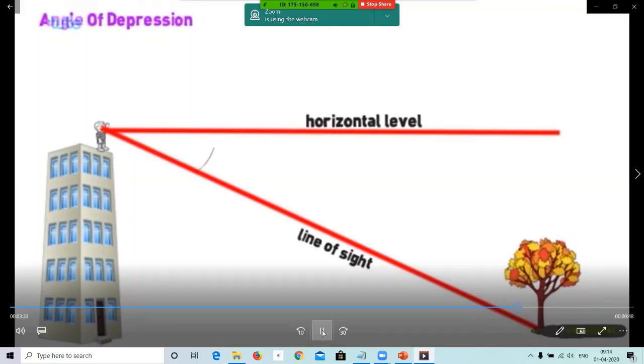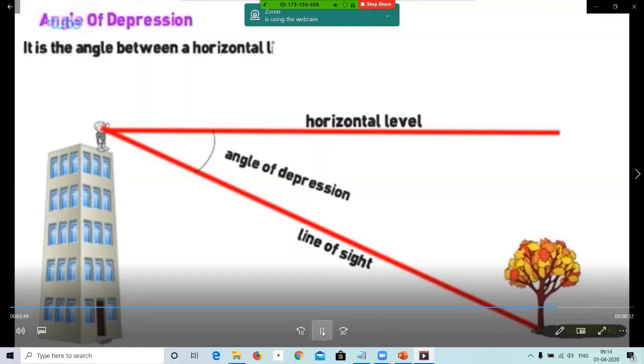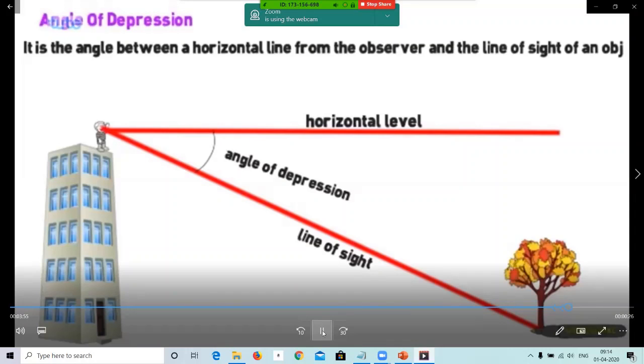These two lines make a particular angle, and that angle is called angle of depression. So angle of depression is the angle between a horizontal line from the observer and the line of sight of an object that is below the horizontal line.